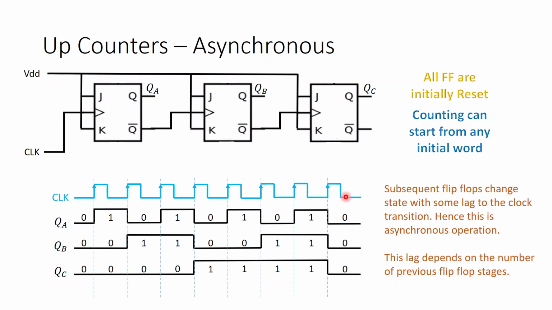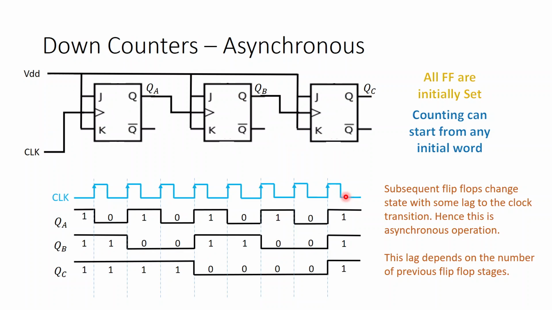So in an up counter, if we have positive edge triggered flip-flops, then Q bar acts as the clock. In down counters, if we have positive edge triggered flip-flops, then the Q signal will act as the clock.